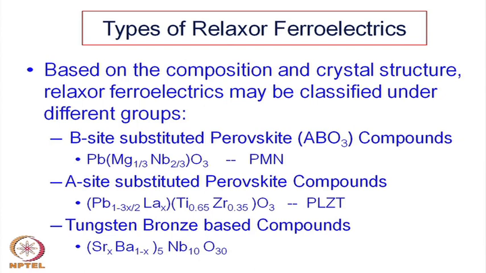For example, one of the most common materials showing Relaxor Ferroelectric behavior is PMN, or lead magnesium niobate, where the A site is occupied by lead, and the B site has 2 different ions, magnesium 1/3 and niobium 2/3, in a particular ratio.